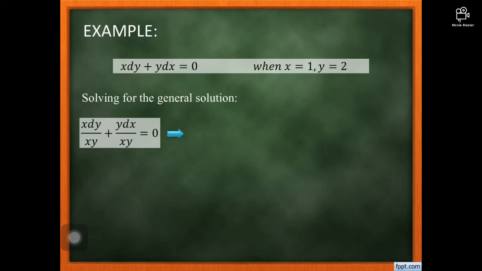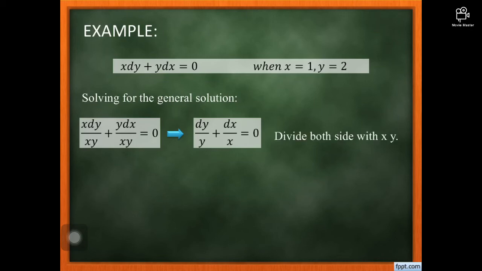Dividing both sides by xy, you will have the equation dy over y plus dx over x. We need to integrate the equation to eliminate the derivative because, as we defined, a solution is an equation wherein there is no derivative. So let us integrate the equation.